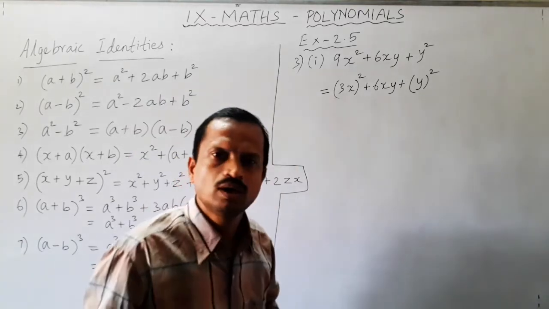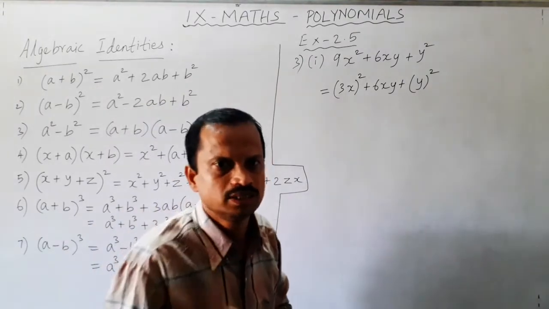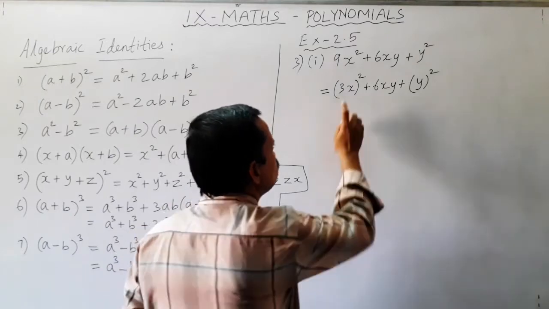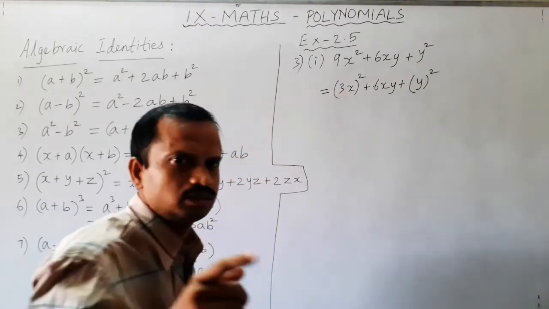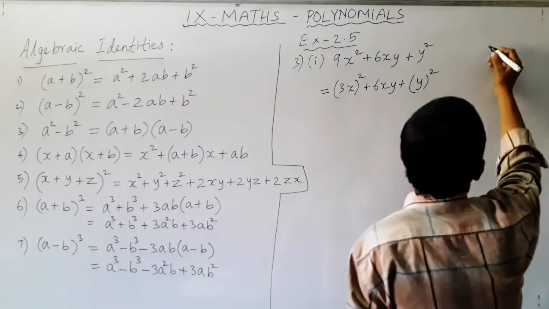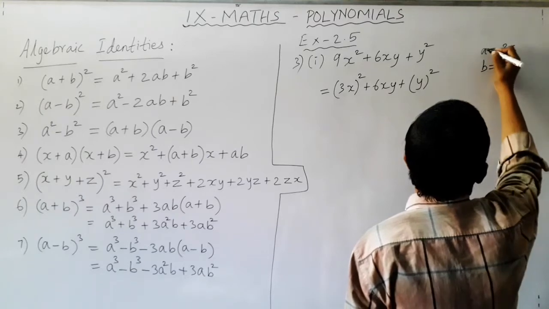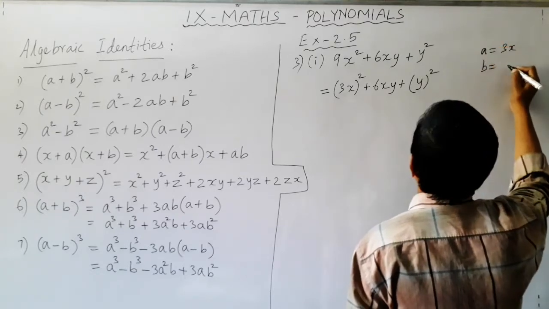So y into y is what? y square. So I am just writing by changing this. And now you see, you can consider 3x as a, y as b. You can write here, a you consider as 3x and b you take as what? y.